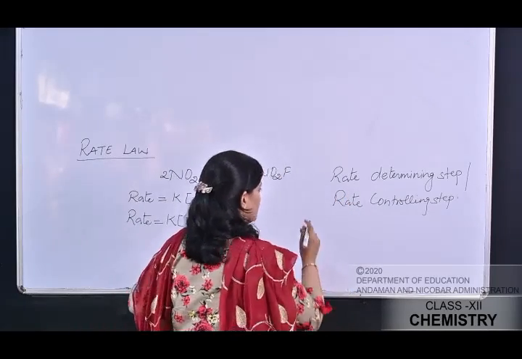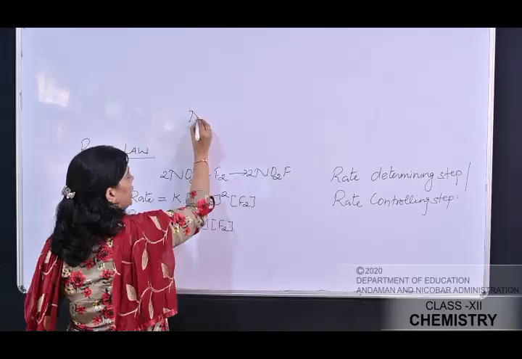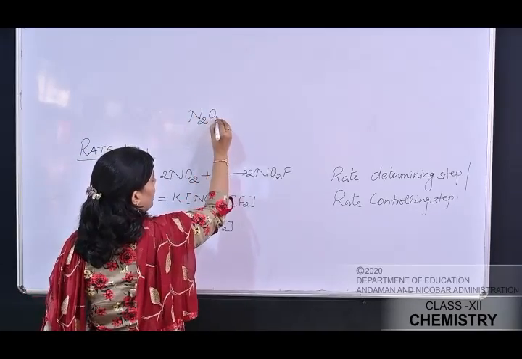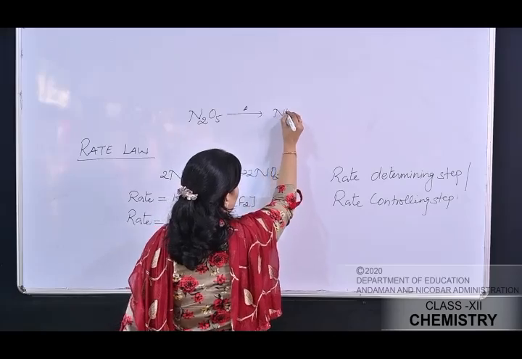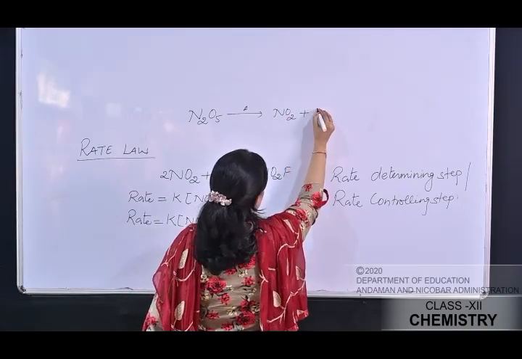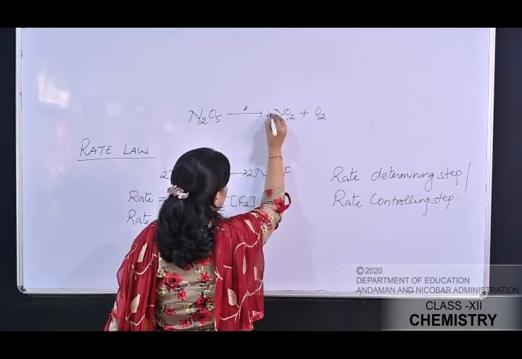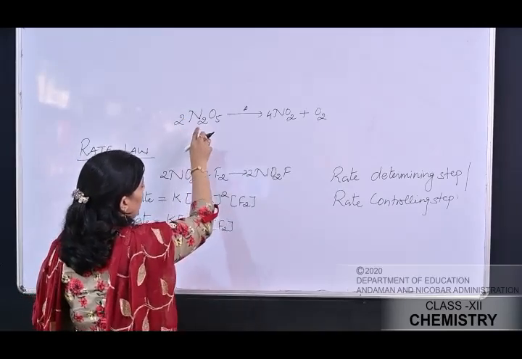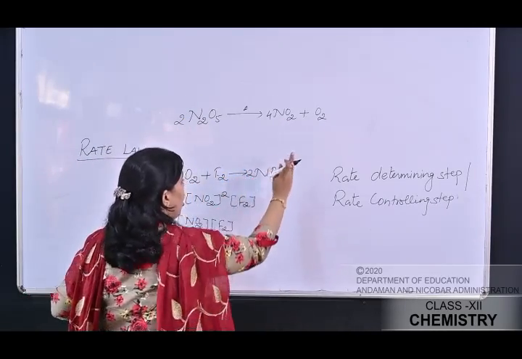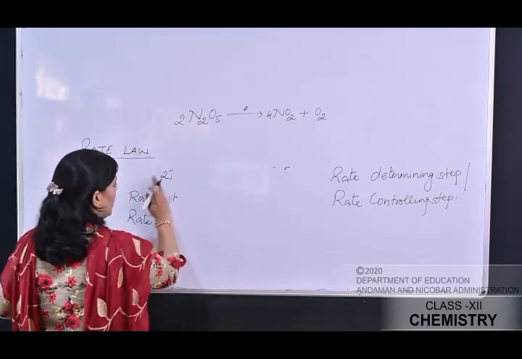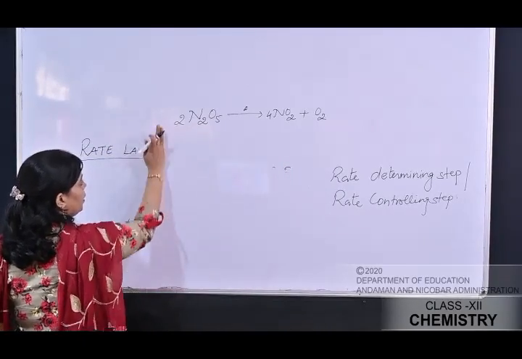Take an example, the decomposition of dinitrogen pentoxide. On thermal decomposition it gives nitrogen dioxide plus oxygen, and on balancing we get 2 moles of dinitrogen pentoxide giving 4 moles of nitrogen dioxide plus oxygen. Experimental studies found that this reaction proceeds in 2 steps.